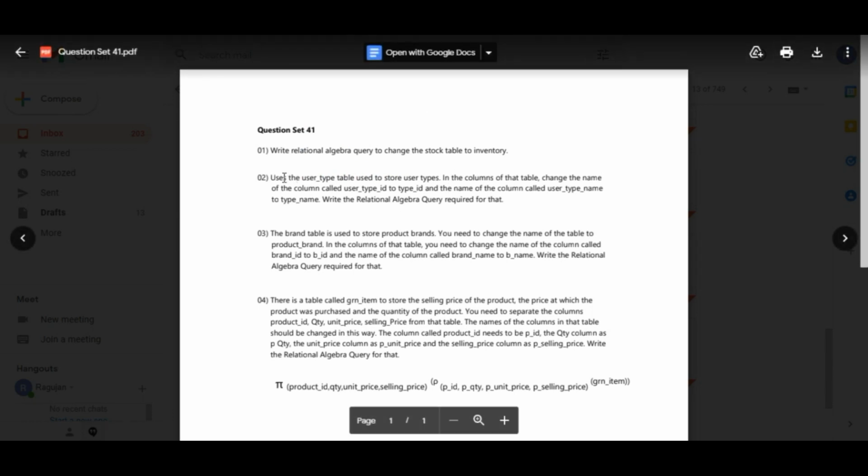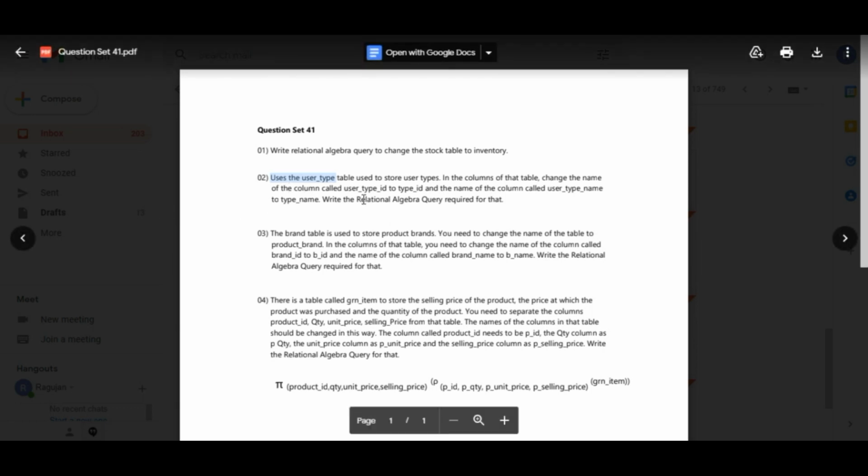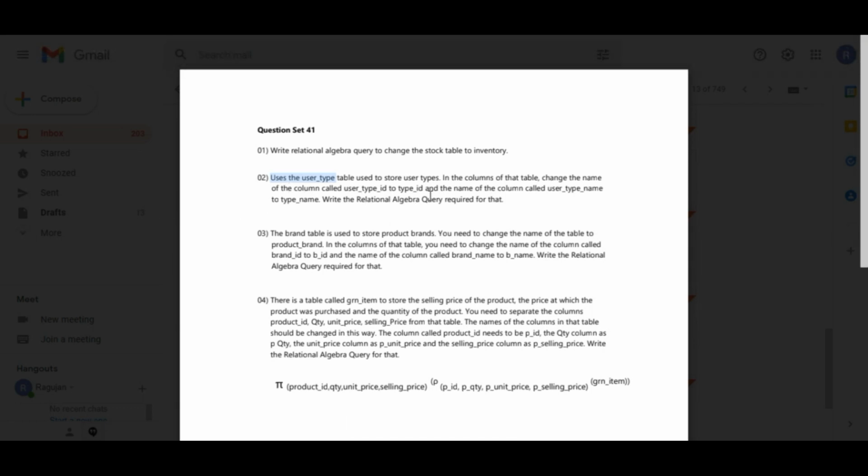The second one: the user type table is used to store user types. In the columns of the table, change the name of the column called user type ID to type ID, and the name of the column called user type name to type name. Write the relational algebra query required for that.